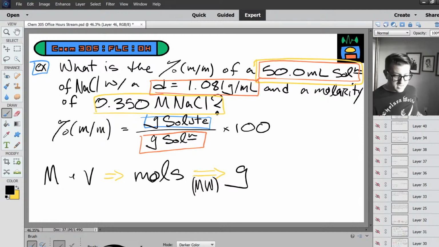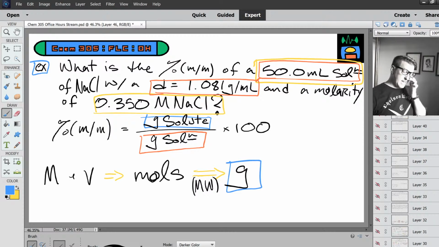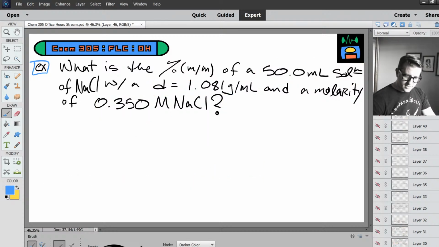All right, so that's the strategy that we're going to use to move from molarity and volume to moles, moles to grams. That'll be our numerator. And then we can use the density and the volume of the solution to get the mass that will go in our denominator. So that's our plan of attack.